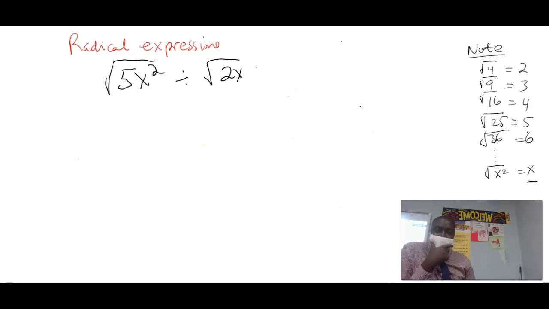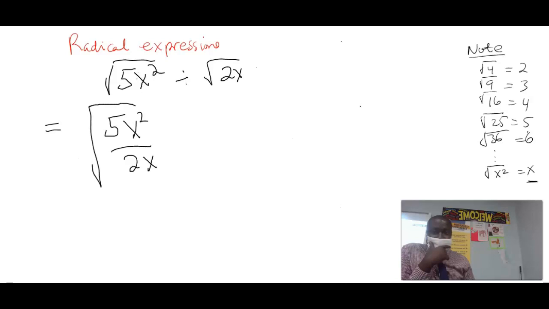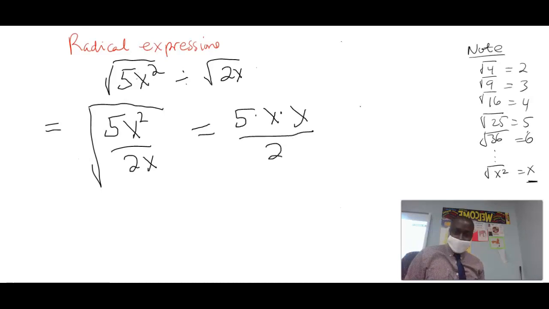The same way, what should we do? What's the first thing that we have to do? Combine. Okay, we bring all of them in one way, and I will put it in a vertical way. Next we'll try to see if we can cross some of this out. Realize that x is down here, so we could write it as 5 times x times x, all divided by 2 times x.